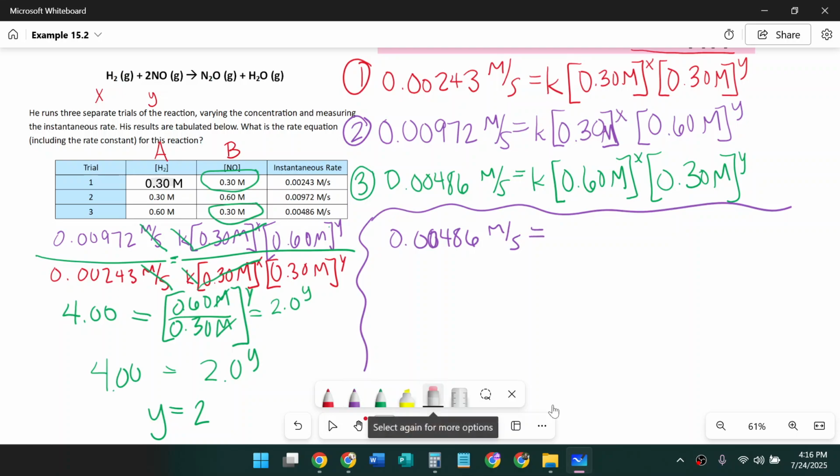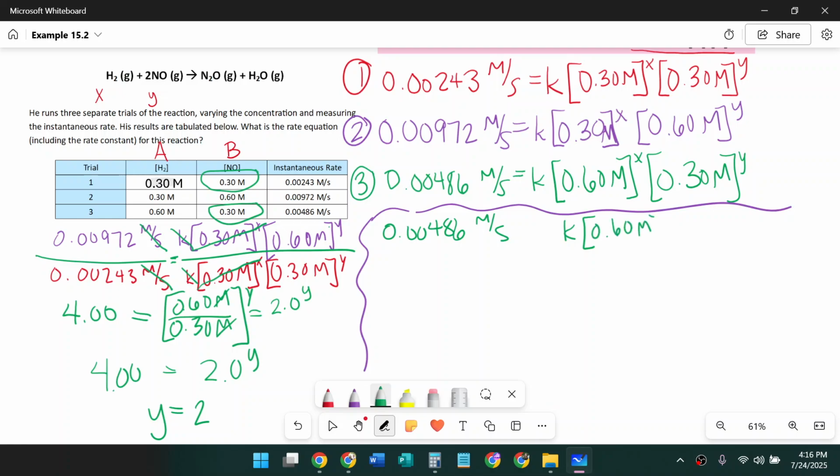Why am I doing this in purple? Let's do this in the right color so we don't get confused. 0.00486 m per s. And then on the other side we'll have k 0.60 m to the x, 0.30 m to the y, and then I will use purple to make my fraction bars.